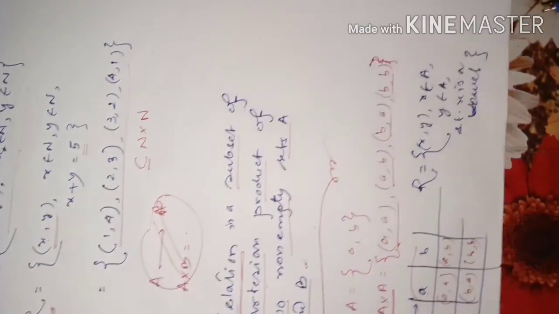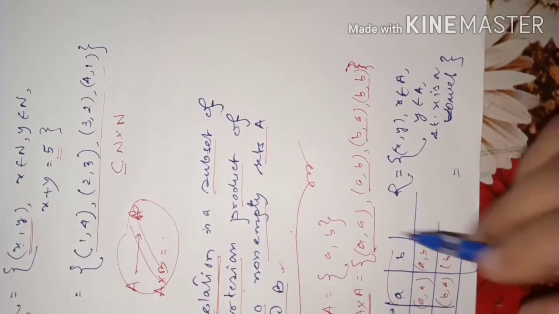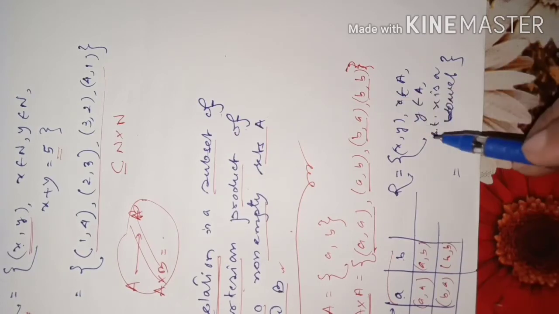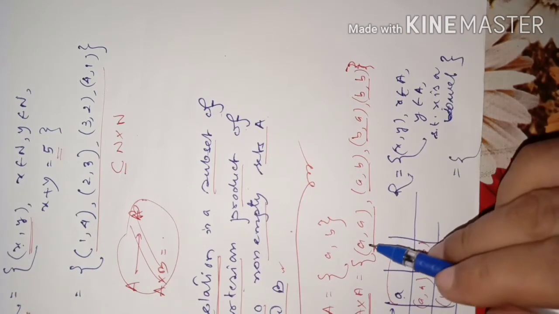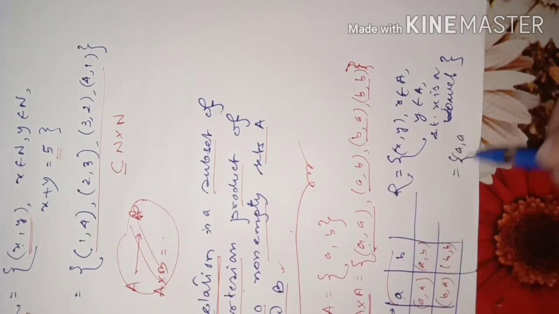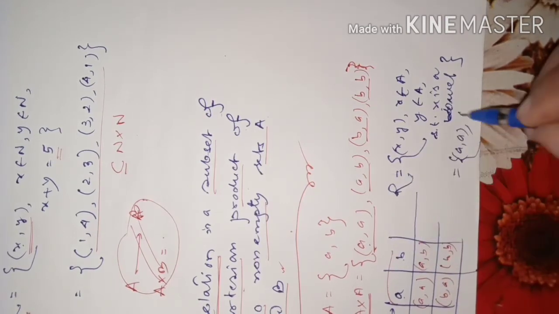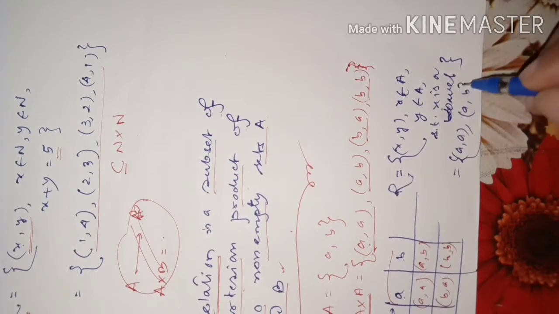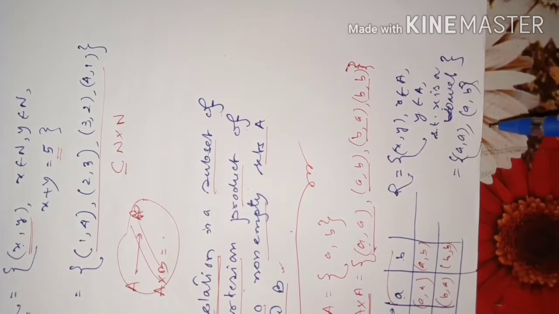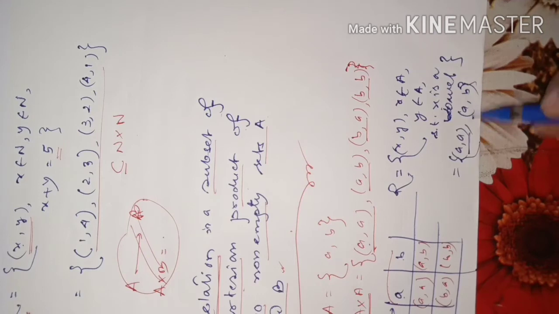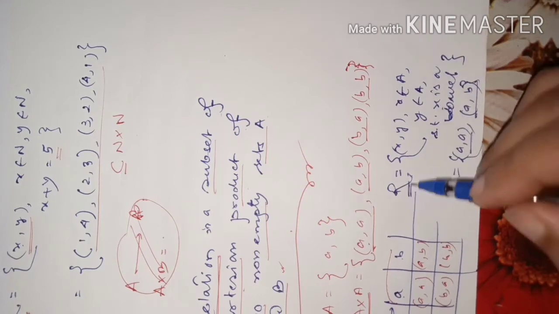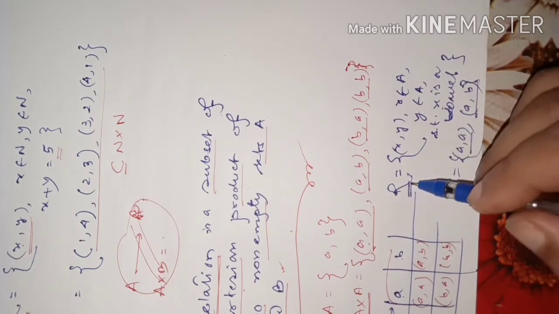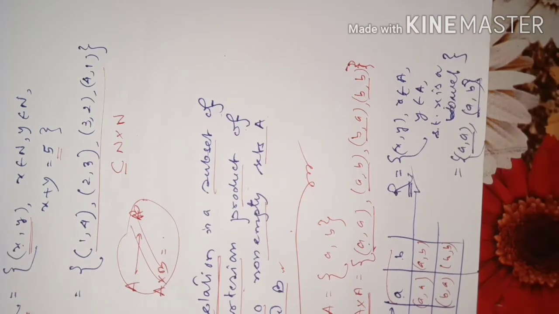I want to pick up only those pairs from here where the first element is a vowel. Then which will be the pairs? (a, a) and (a, b) will be the pairs. So just see, we have taken (a, a) and (a, b). So R is a relation. Is it understood, students? R is a relation.